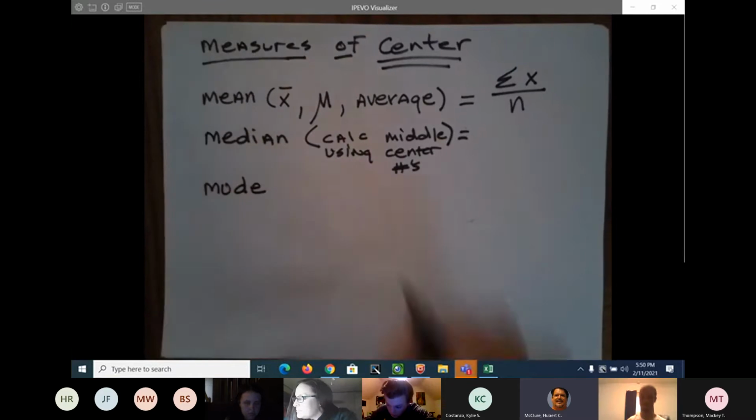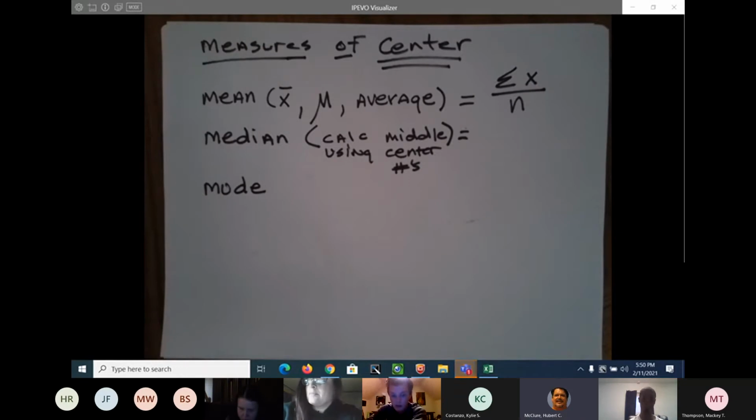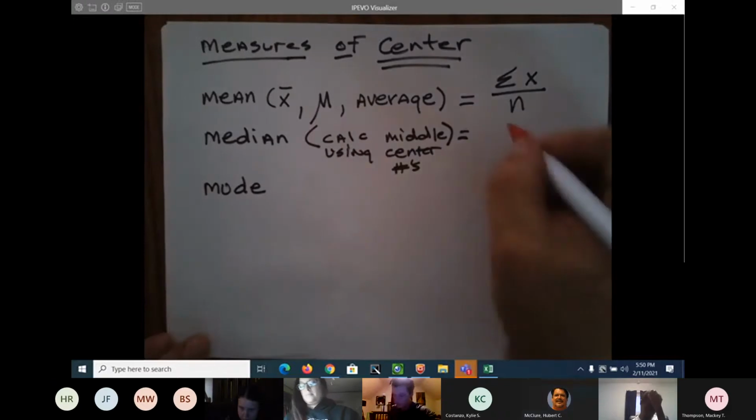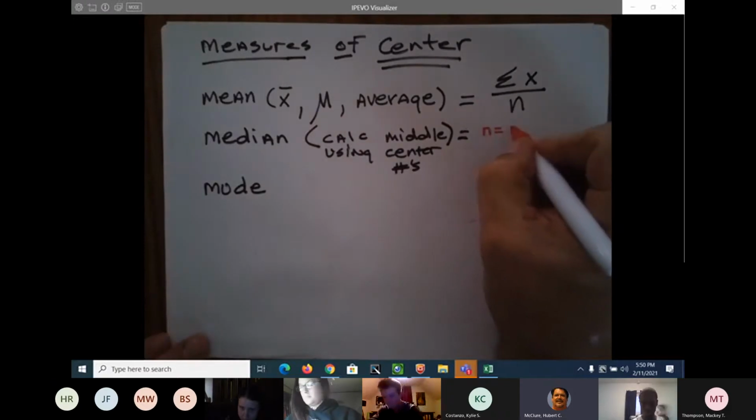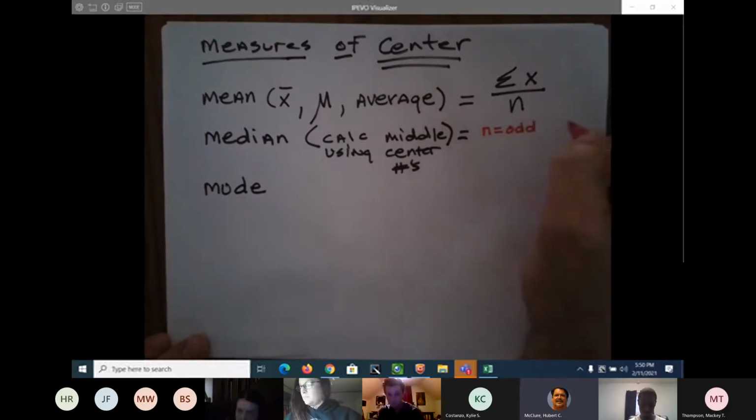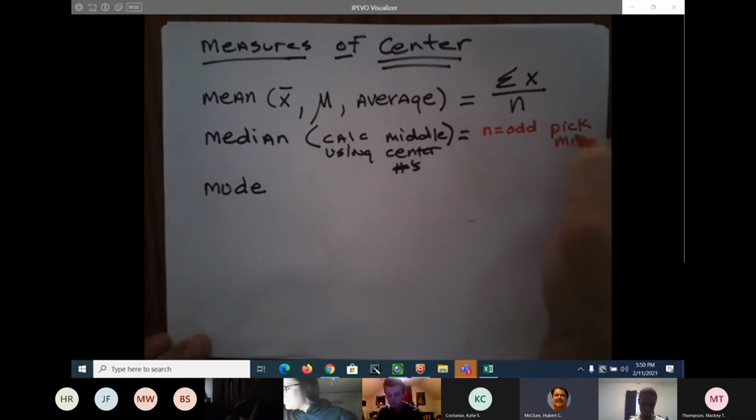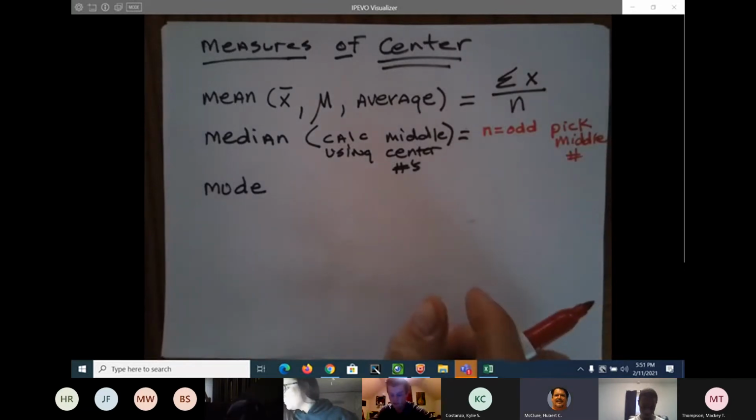Mode. What is the mode? Oh, I forgot. Median. Okay, I'm going to put this in red. If I put something in red, that means you need to highlight it. For the median, if n is odd, you just pick the middle number. If n is odd, you pick the middle number.